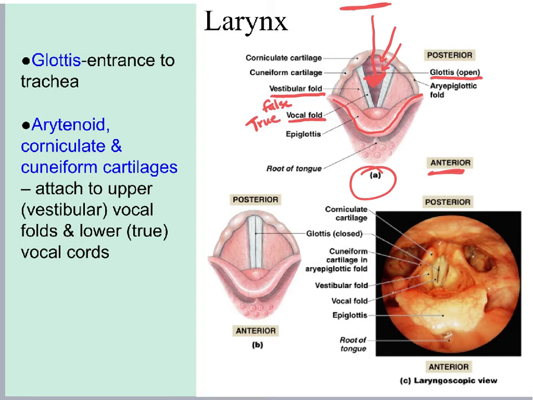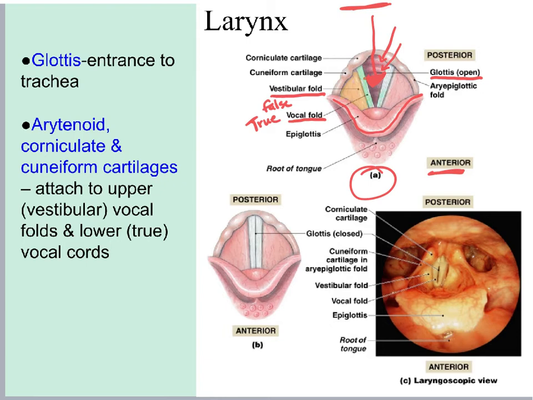So let me use the highlighter here so it's easier for you to see. The vestibular folds are these membranous structures right here, and the vocal cords, the actual connective tissue structures that vibrate when we make sound, are here in green.